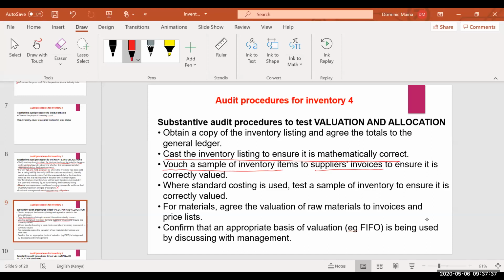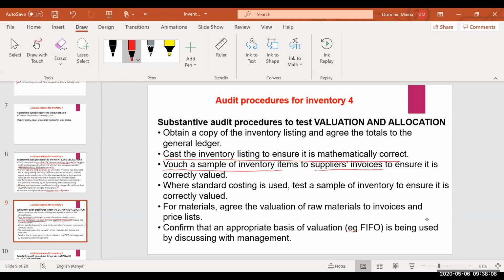Now, where the company is using standard costing, test a sample of inventory to ensure it is correctly valued. So in case the company is using the standard costing method, you can simply take a sample of inventory to ensure it is correctly valued. I hope you still remember, under your costing, the standard costing method.